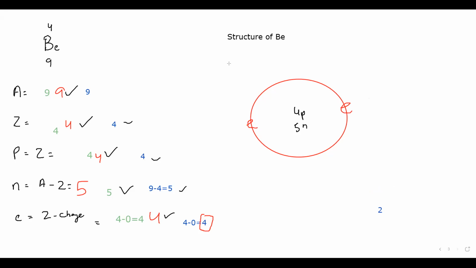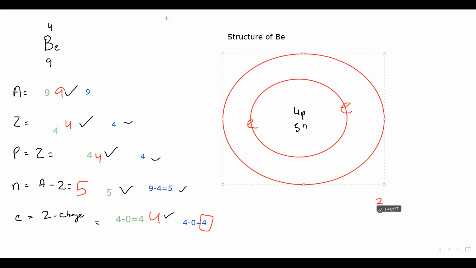Then I will draw the second shell, and the second shell can have a maximum of 8. But I'm not left with 8, I'm only left with 2. So I will arrange the remaining 2 in the second shell. So this is the structure of the beryllium atom, which has 4 electrons.